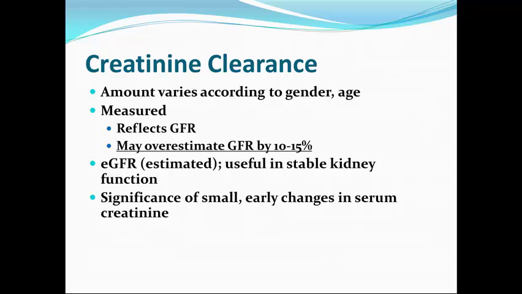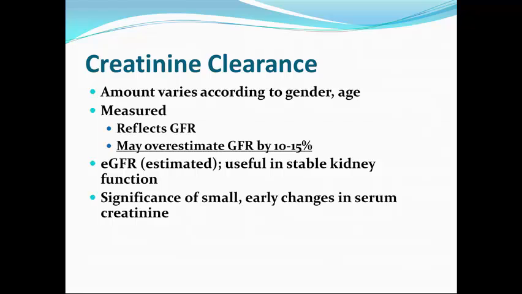Let's turn our attention then to the concept of creatinine clearance. Creatinine clearance is the amount of creatinine that the kidneys are able to clear. We use creatinine because it is a substance made by the muscles that is freely filtered and minimally reabsorbed by the tubular mechanisms.